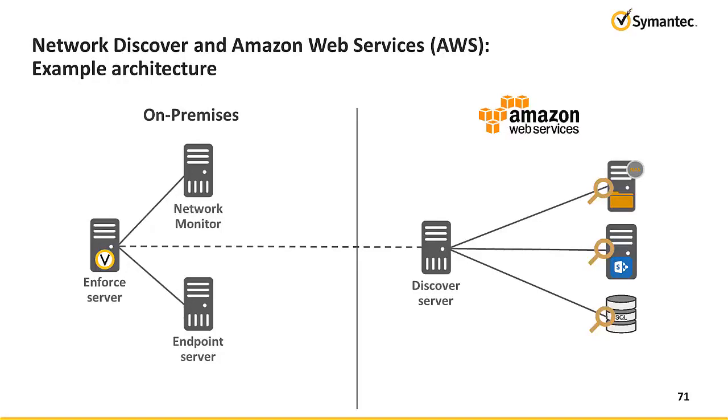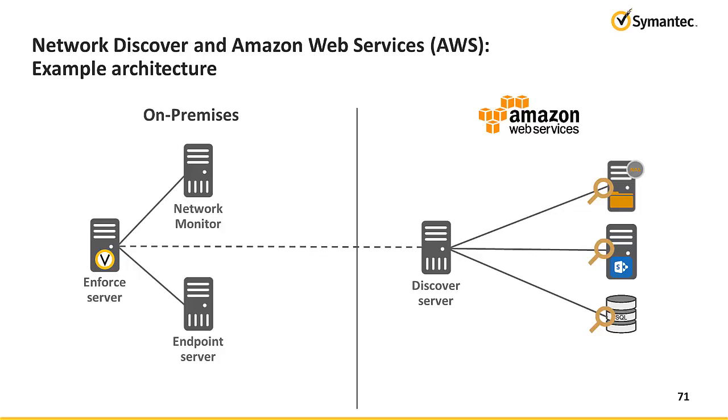Before discussing the use of Symantec DLP Cloud Storage Discover to scan cloud vendor storage accounts, it is worth highlighting the fact that Network Discover Cloud Storage Discover servers can provide visibility into certain cloud-hosted repositories. In addition to the on-premise support covered in the topic Locating Confidential Data on Corporate Repositories of this lesson, Network Discover also supports scanning the following targets when they are hosted in the Amazon Web Services or AWS cloud: file share servers using CIFS, Microsoft SharePoint servers, and Microsoft Exchange Server.